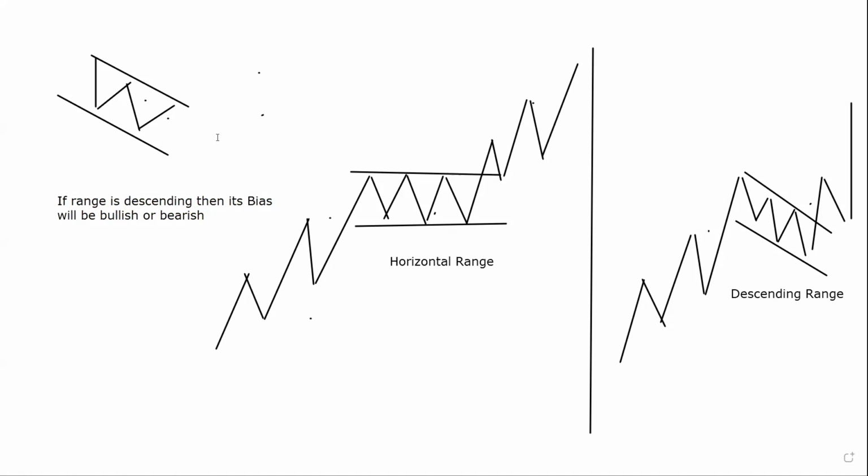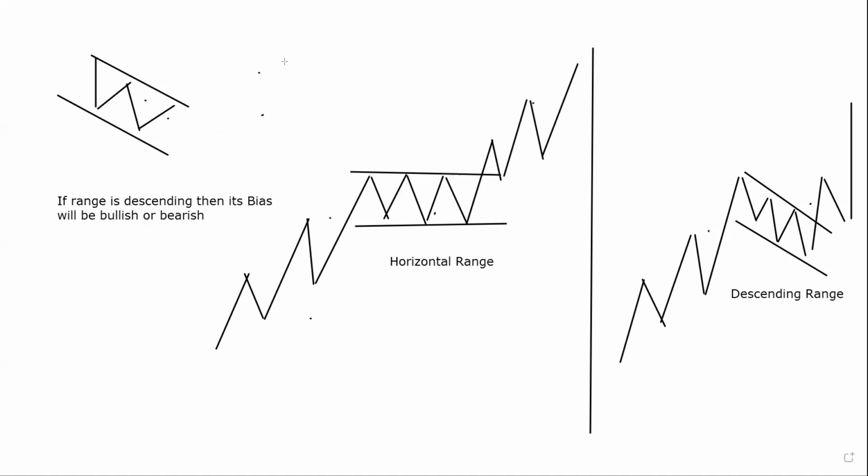If a range is descending, then its bias will be bullish or bearish? This is descending range. Bearish? No, it will be bullish.